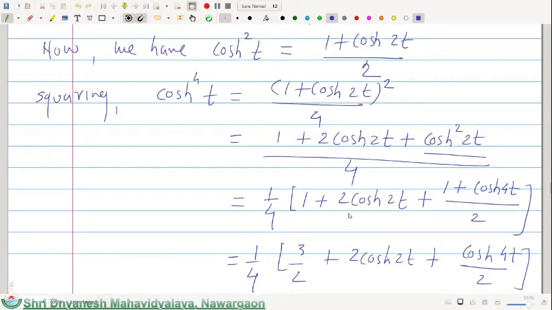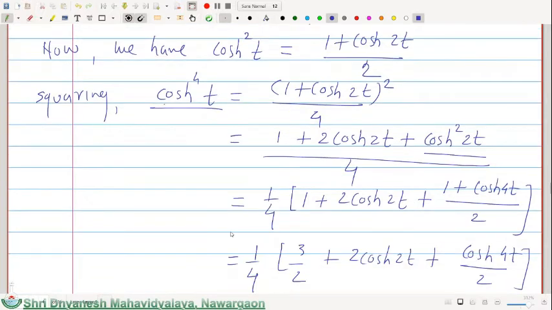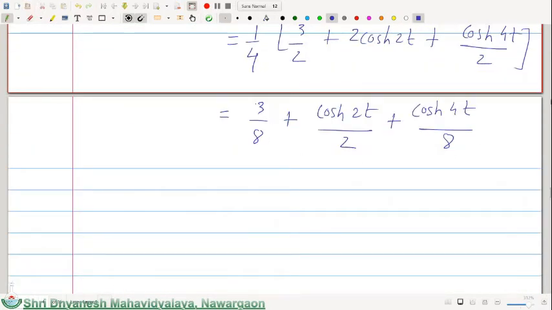Now what you have to find is the Laplace transform of this cosh⁴t. So take the Laplace transform on both sides and use the linearity property of Laplace transform on the right hand side.